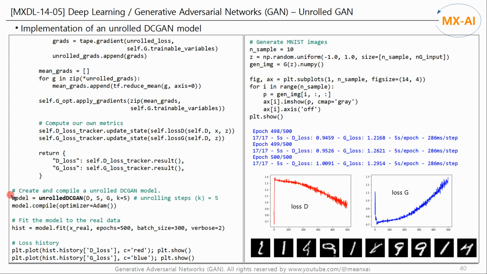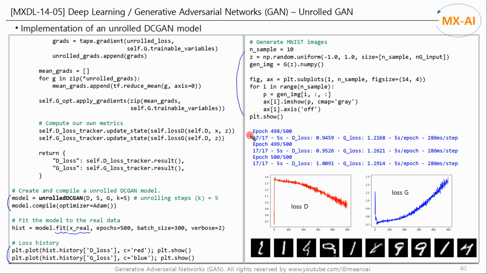We create and compile the unrolled DCGAN model. Fit this model to the real data, and we observe the loss history during training. Finally, we use the trained generator to generate MNIST images. Let's check the results.